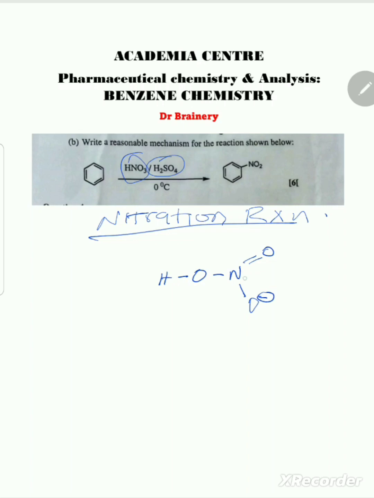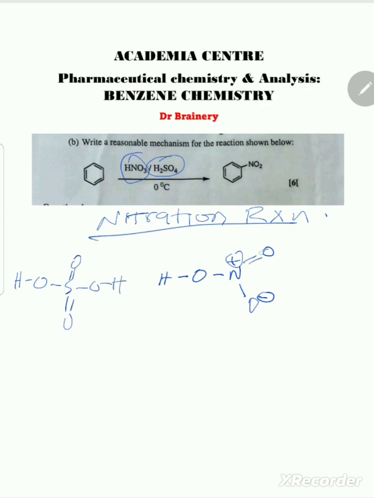Don't forget. Then with a positive here. Then, as we know, we also have this sulfuric acid, which is acting as a catalyst here. This is sulfuric acid.